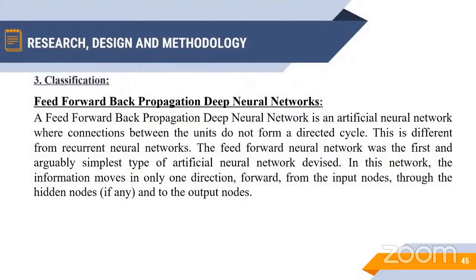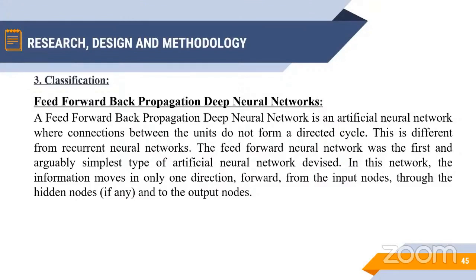The next one is the feed forward back propagation deep neural network. It is also an AI concept, and there are many different forms of recurrent neural networks available. The feed forward neural network is the simplest type of AI neural network devised.